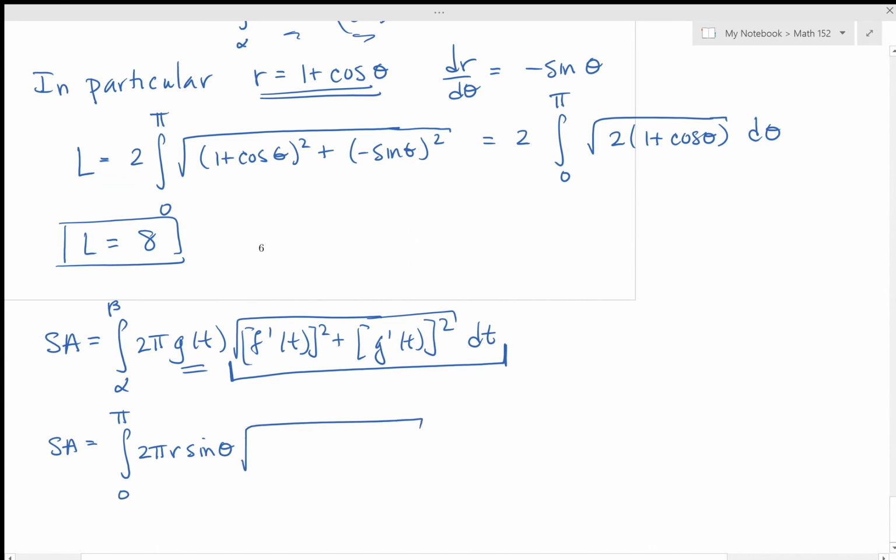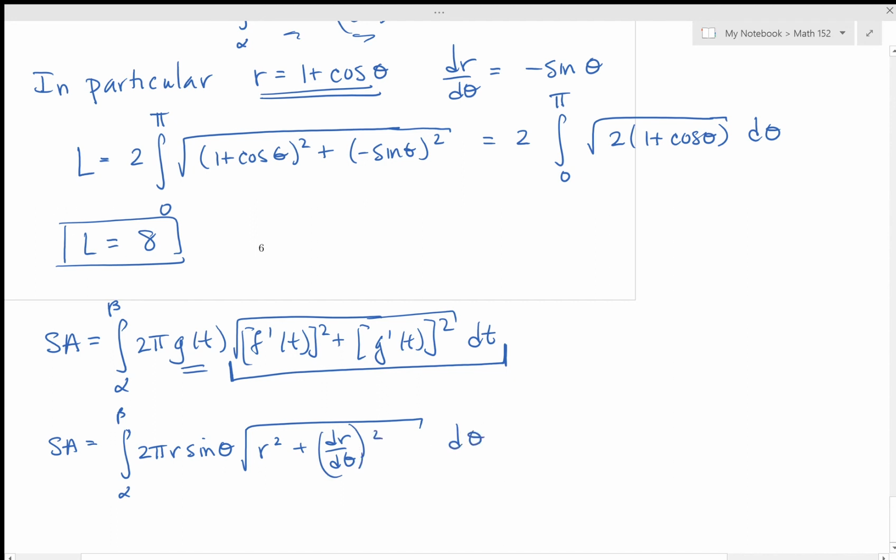And then I already know this here. Well, this is still actually in general. Let me be careful here. This is true for all polar curves. This is the square root of r squared plus dr by d theta all squared d theta.